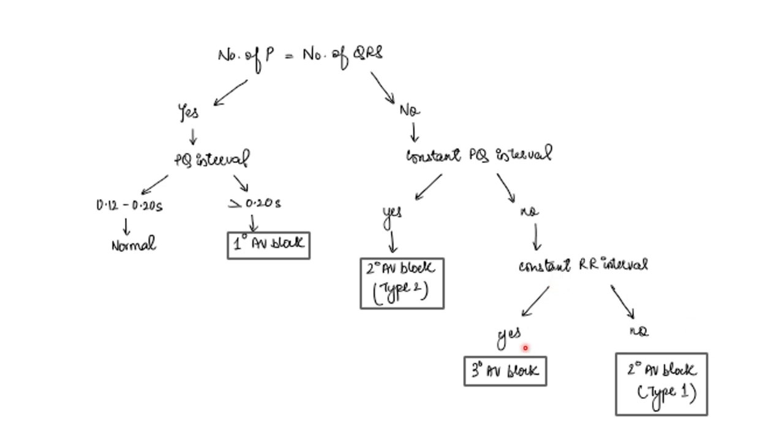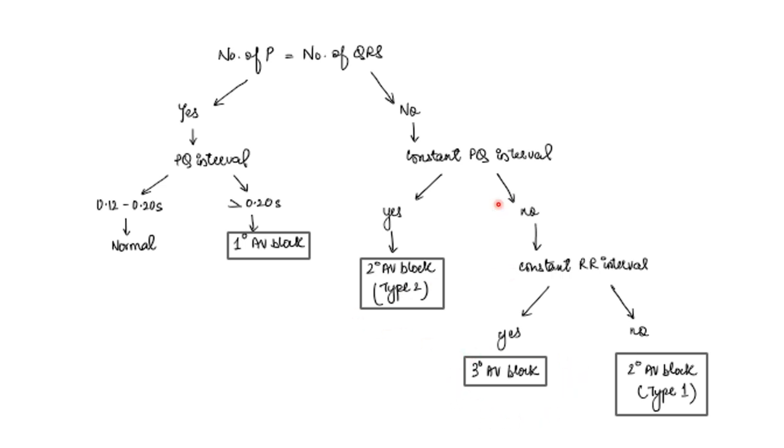Whereas if you have a constant RR interval, but then random P waves which have no relation to the QRS complexes, and the number of P is way greater than the number of QRS complexes, then you know that it's a third degree AV block.